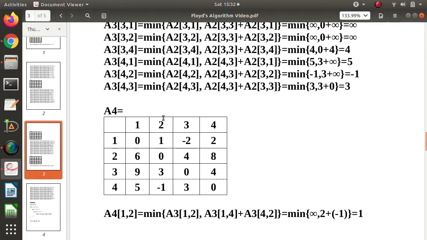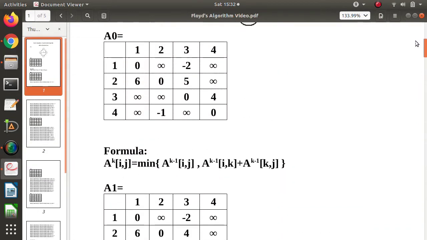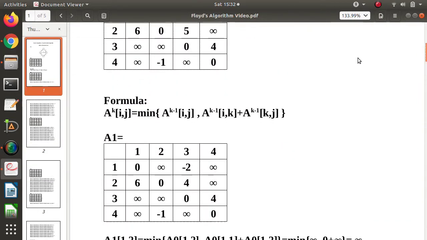Between these nodes, from 4 to 2 it is minus 1, 4 to 3 is 3, 4 to 4 is 0. So these are the final shortest path results between these vertices. These are the source nodes, and these are the destination nodes. In every case we are applying this formula.